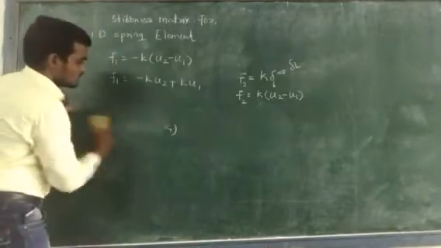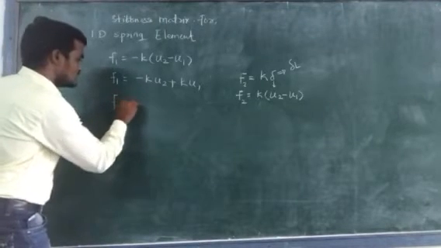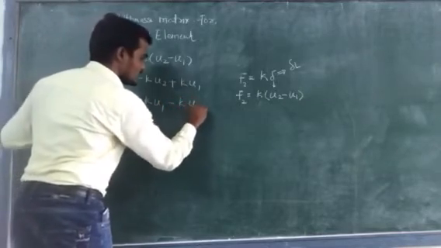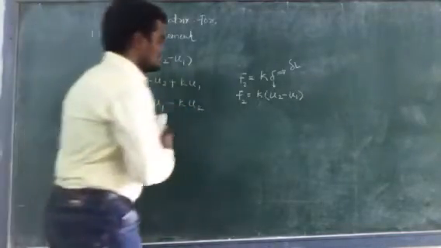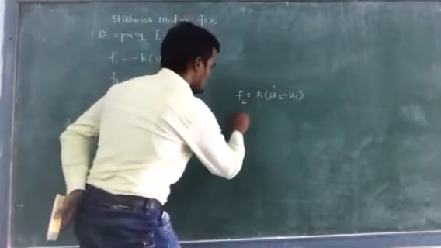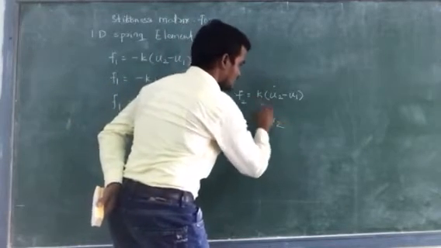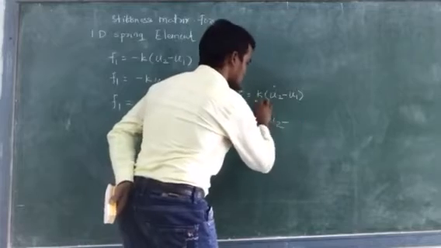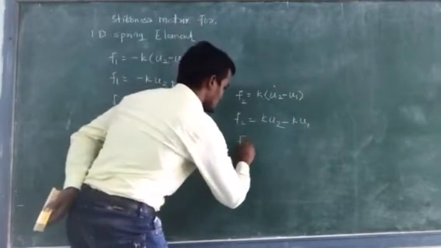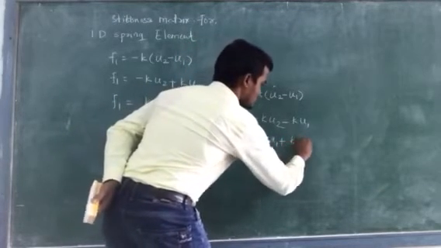So we can write this equation as F1 is equal to K times U1 minus K times U2. Now simplify F2 in a similar way. F2 is equal to K times U2 minus K times U1, so you can write this equation as minus K times U1 plus K times U2.